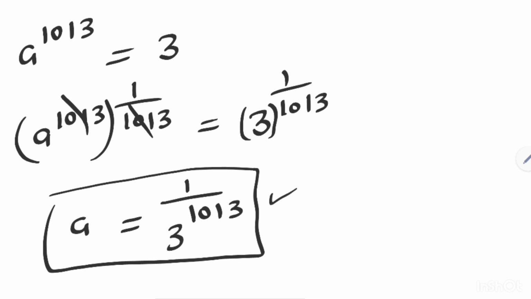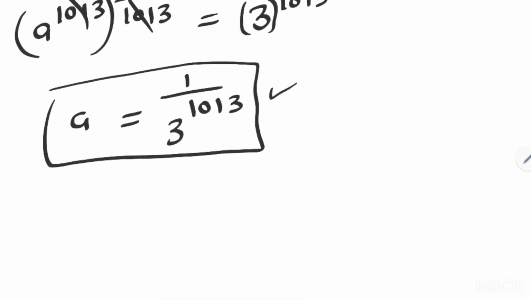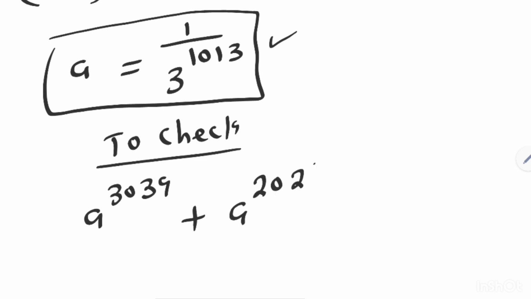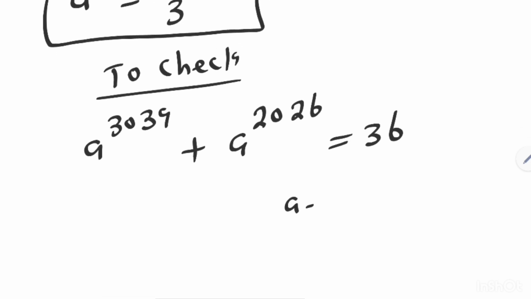We may check to confirm if this answer is right or wrong. Let's check. We have the given equation a raised to power 3039 plus a raised to power 2026 is equal to 36, and a is equal to 3 raised to power 1 over 1013.